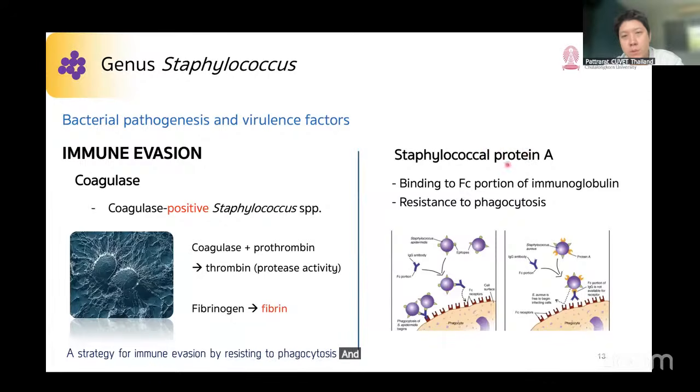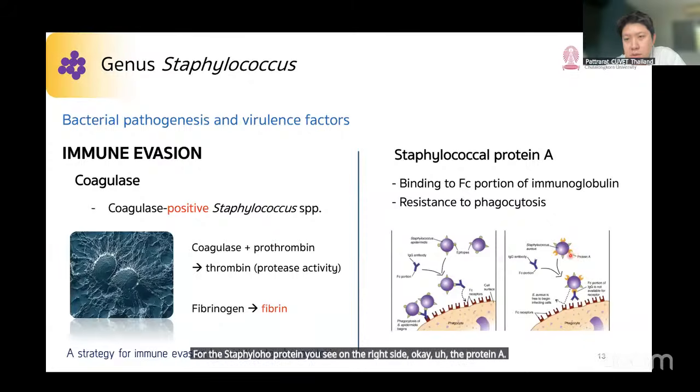Another virulence factor for immune evasion is staphylococcal protein A. For staphylococcal protein A, see on the right side, the protein A is in yellow.